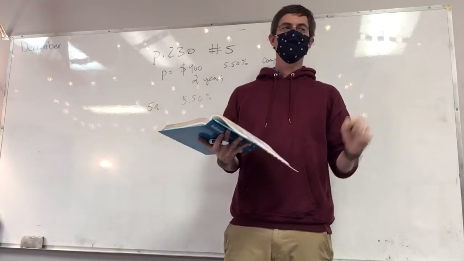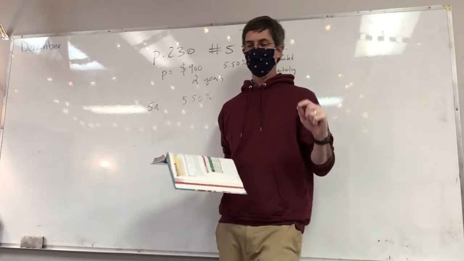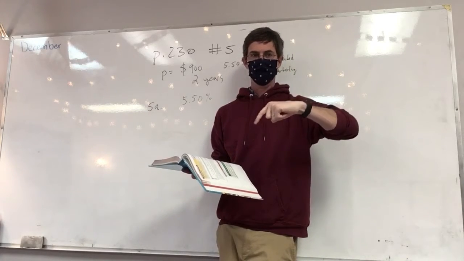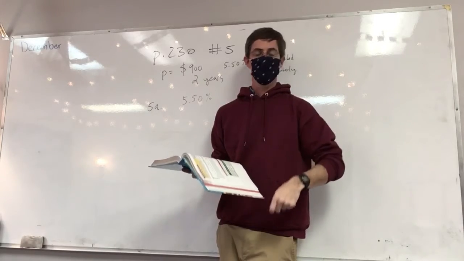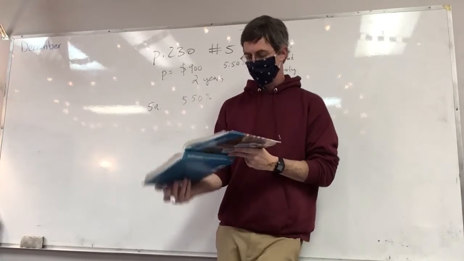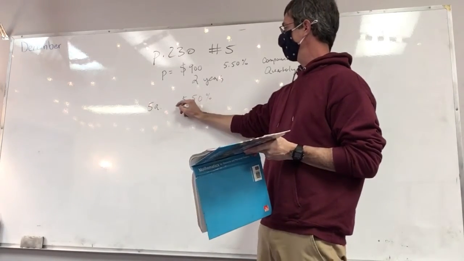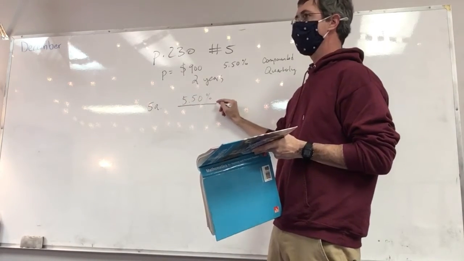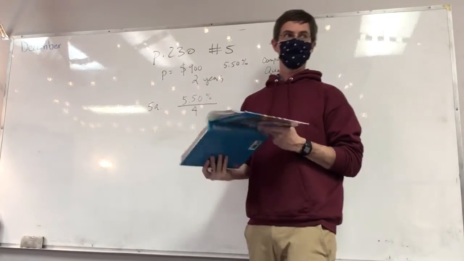Okay? Does that make sense, Lark? Mm-hmm. So because it's compounding quarterly, after 3 months, we need to calculate the interest after 3 months. Okay? So we need to do a rate per period, which is going to be 5.50% over, it's actually over 4.